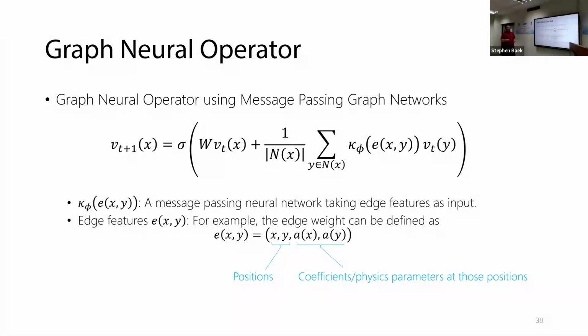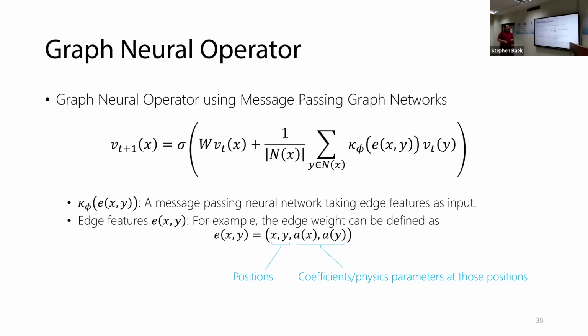But at the end of the day, assuming that you have some recipe to combine the local nodes to produce a value, what we're interested in doing using a message passing network is to model this kappa, the kernel function kappa, through message passing.